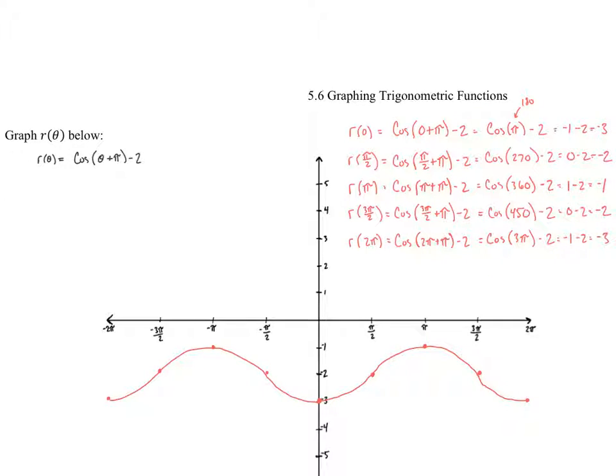And hopefully that lines up with your predictions for what this function would look like. I would say that its midline is at negative 2. So if you predicted that the midline would be at negative 2, you were right. And it looks like the whole function has been shifted to the left pi units. So that's what's really happened here.